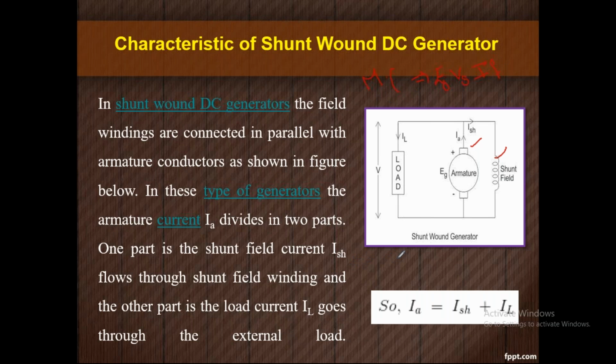Load characteristics are again classified into two types: internal characteristics and external characteristics. Internal characteristics we can draw between induced EMF versus load current, and external between terminal voltage versus load current. So these are the three characteristics we are going to study for all the different types of DC generator.